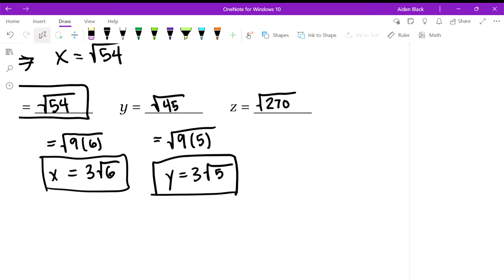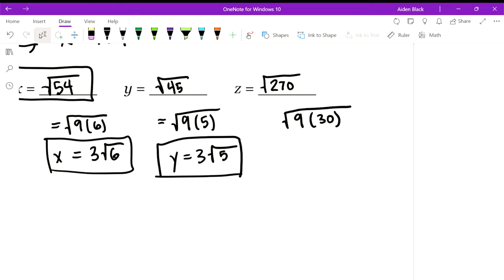270 is a much bigger number, but I'm going to break it down with what I know it is divisible by without using a calculator. So I know 9 times 30 is 270 because 9 times 3 is 27.